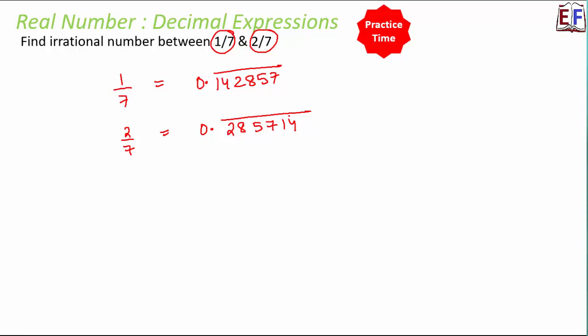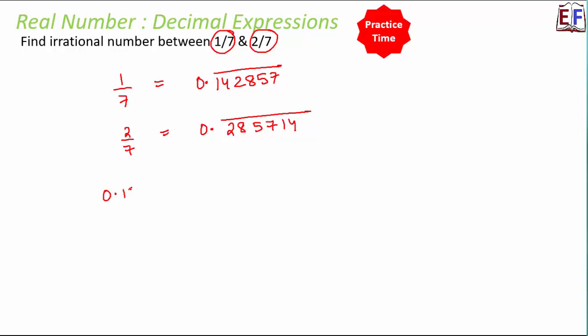So now we have these two numbers in their decimal form. Now we have to find out numbers between these two numbers. Now there will be infinite irrational numbers between these two numbers. So what we need to do? We need to find any number that is non-repeating, non-terminating between these two numbers. So you can randomly pick any number. So let us suppose if I randomly pick a number like this, say between 0.14 and 0.28. It has to lie in between these two numbers.